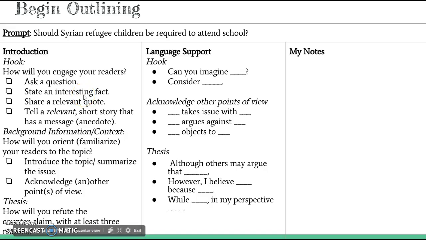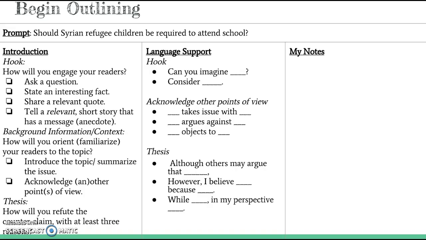Are you going to ask a question or state an interesting fact or share a quote or tell a short story? I have some language support in the middle for you to get started. And then on the right side, go ahead and make some notes. If you think back to our do now, or maybe something that you've already read about refugees, how might you get your readers' attention?